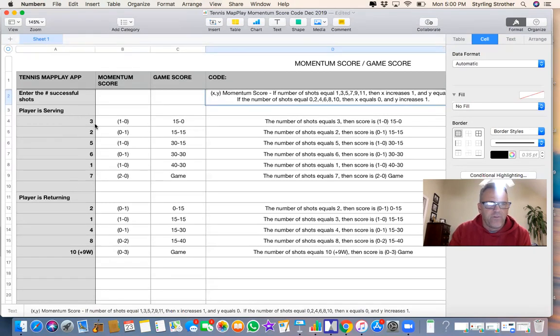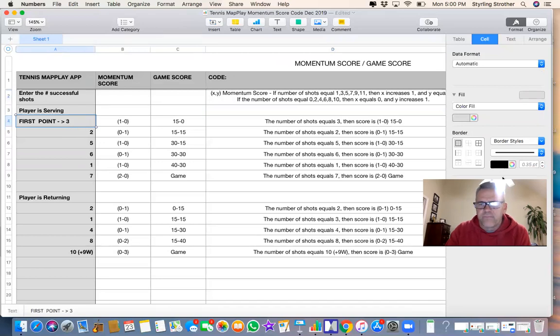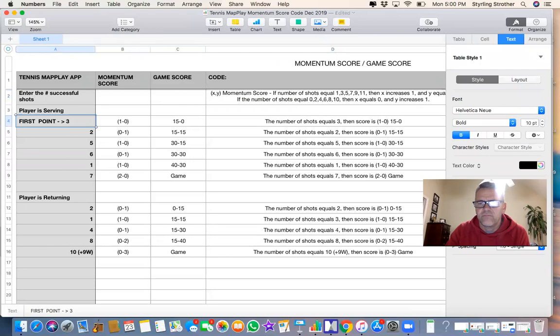So the first point is a 3. So the game score would be 15-0.